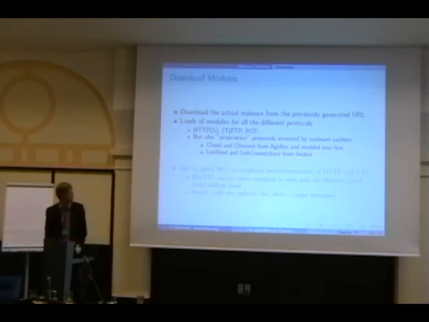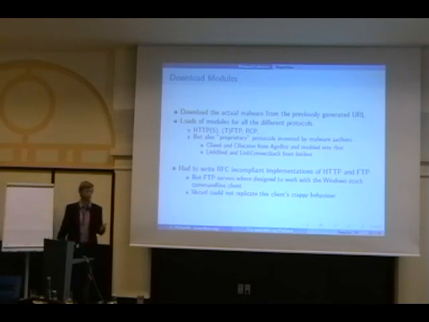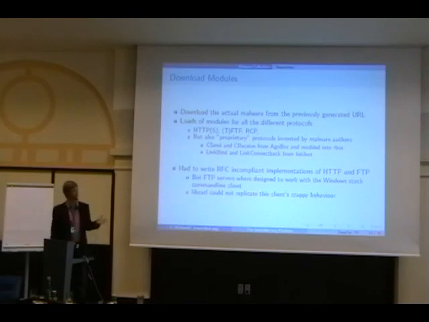Yeah, and also for HTTP and FTP, we first used libcurl, which didn't work out all the time because we had to write non-RFC-compliant implementations of these two protocols, because the Windows implementations of these protocols were also not RFC compliant. So if you use the stock FTP command line client, it allows you to do things the normal FTP RFC doesn't allow you to do.